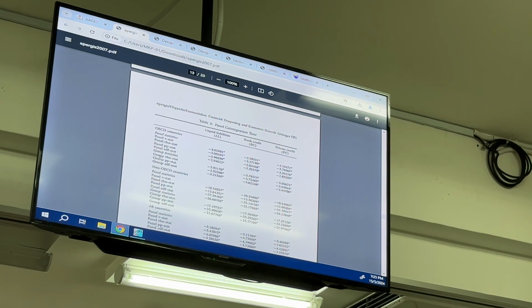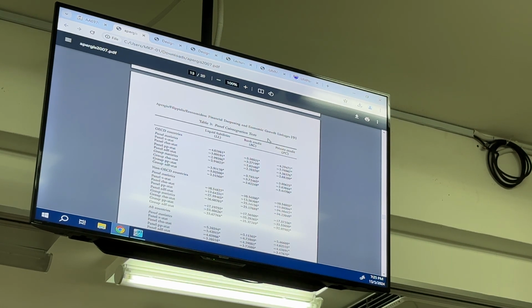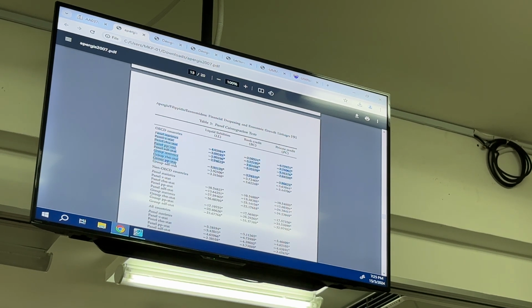Then they will run the panel co-integration test, like report all the 4 plus 3, 7 test statistics here. It means they just report the 7 statistics, but not the weighted one. So it shows that all the variables are co-integrated in the long run based on these 7 statistics.